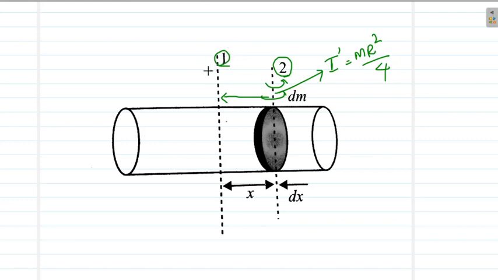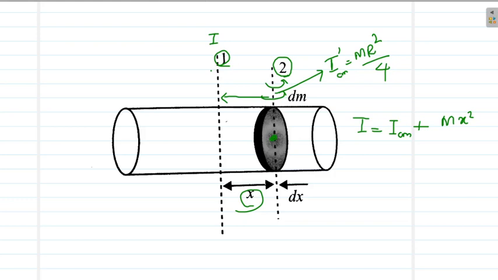So by using the parallel axis theorem, we may write I equal to ICM plus m into distance square. In this case, it is x square. I call this ICM because the second axis passes through the center of mass of the disc, not through the center of mass of the cylinder, but through the center of mass of the disc.